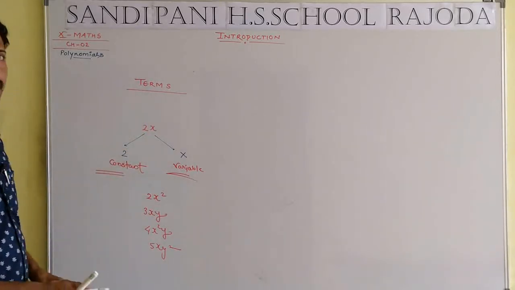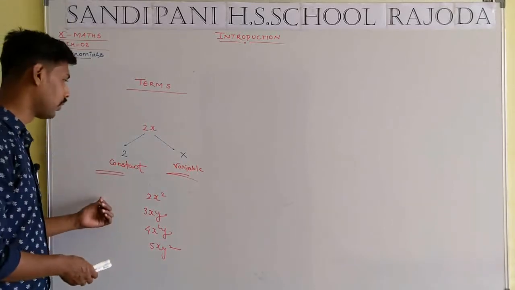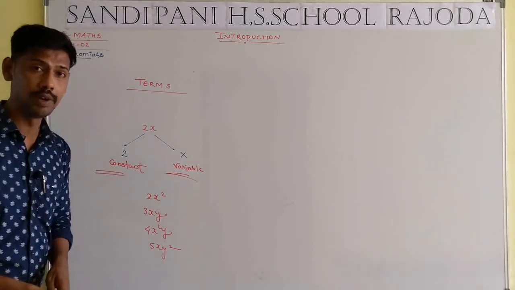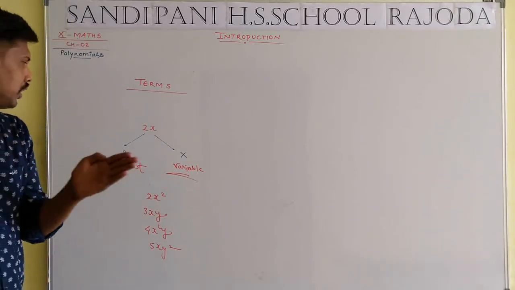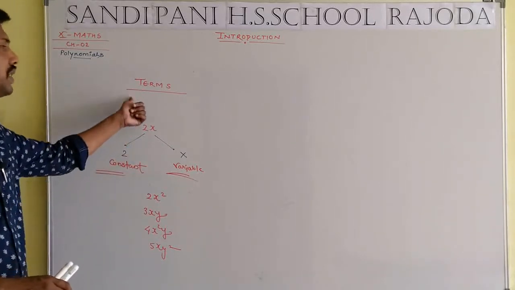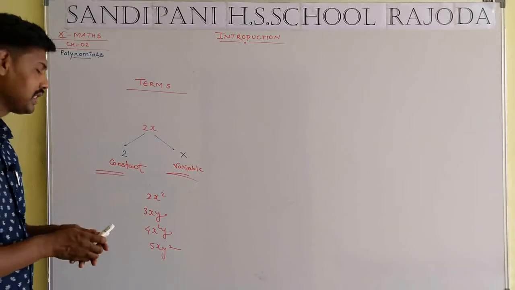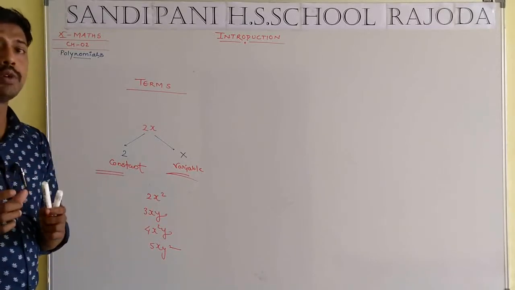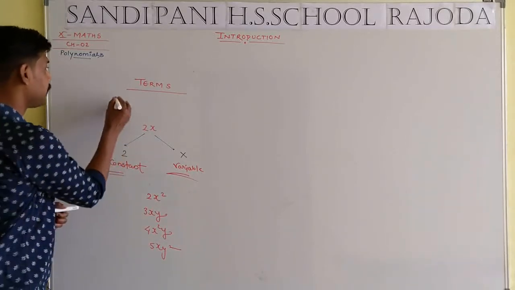Terms are basically divided into two categories. The first one is the constant and the second one is the variable. A composition of constant and variable is known as a term. What is the meaning of expression?